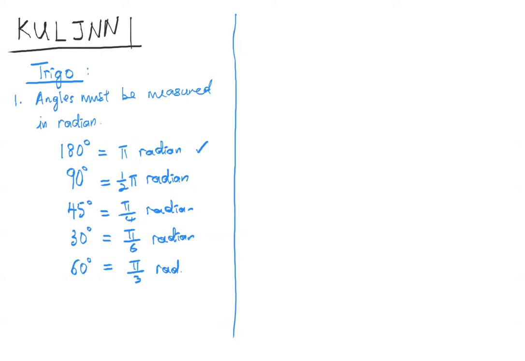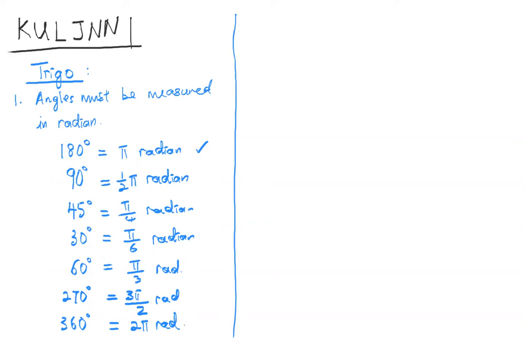And 270 degrees, 3 pi by 2. 90 times 3, you get, yeah, radian. 360 degrees, 2 pi. So these are the first important thing about the angle that you have to know, all measured in radian.